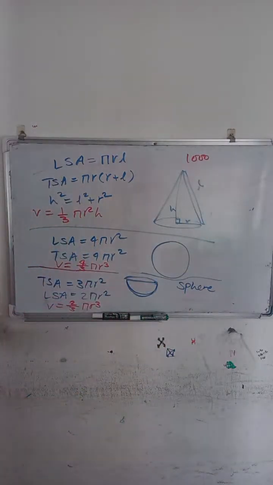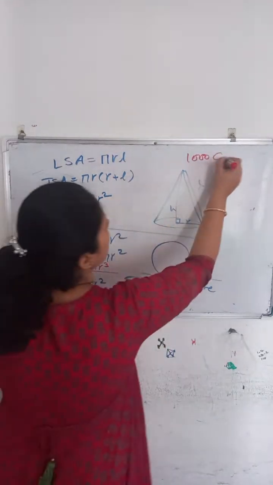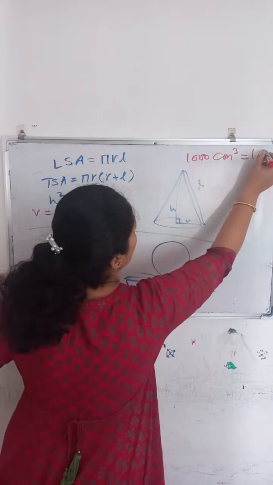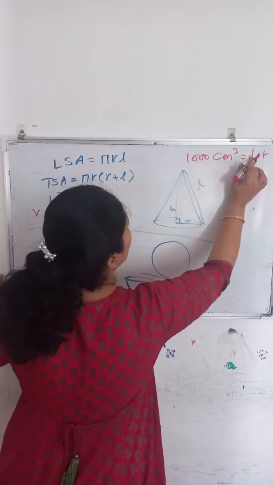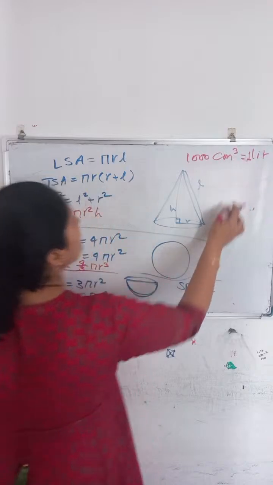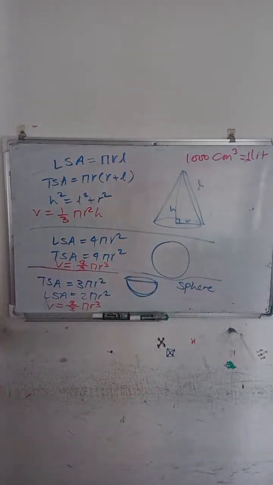Note it down somewhere: 1000 centimeter cube is nothing but 1 liter. Sometimes they ask us to convert centimeter cube into liter or liter into centimeter cube. So 1000 centimeter cube is 1 liter. Everyone copied this?